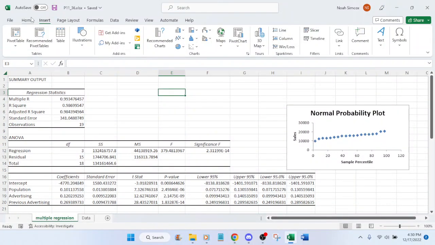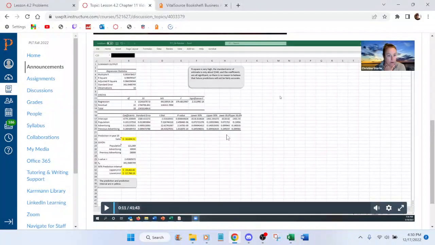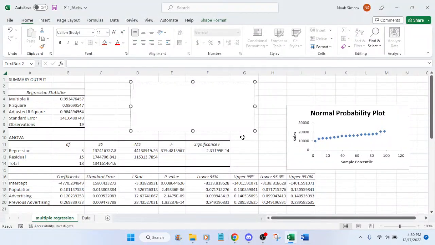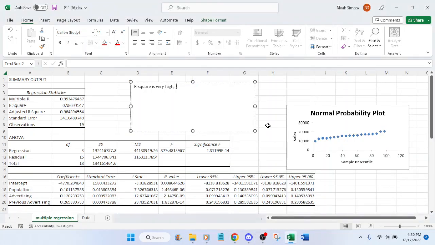R squared is very high. The standard error of estimate is only about 340.